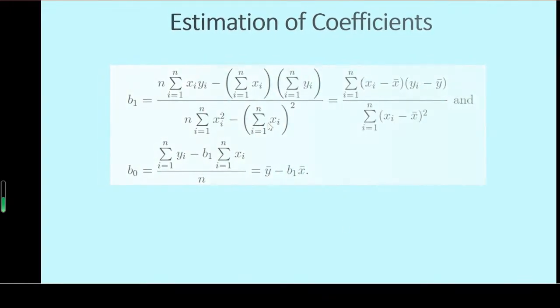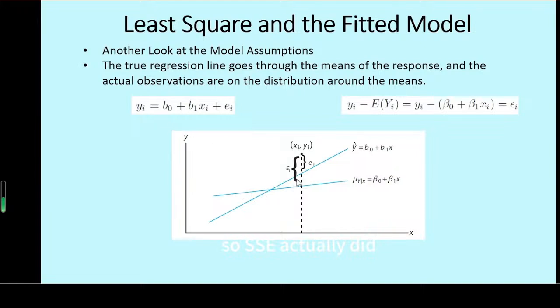If we check the figure again, SSE actually is the sum of squares of this ei, and this ei is the difference between real observations and the regression value of given x. So the difference between real observations and the point on this regression line is ei, and the sum of squares of this ei we call SSE.